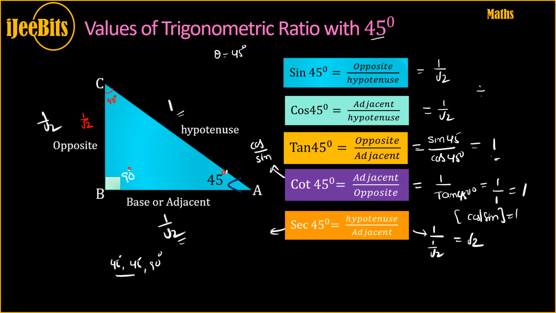Secant we can also call the reciprocal of cos, so 1 by cos 45. Cos 45 value is 1 by root 2, so the reciprocal of 1 by root 2 is root 2. I hope it's clear, right? So now let's look at the last one.